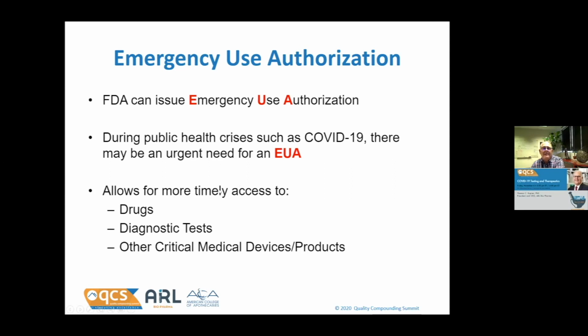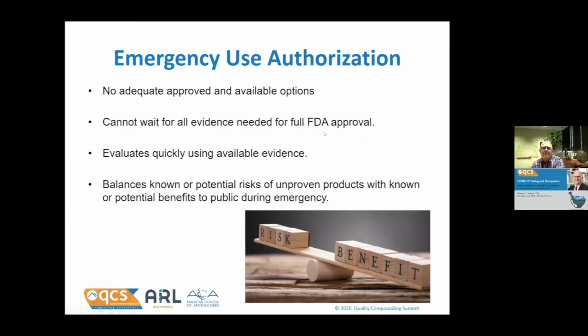This allows the FDA to have more timely access to drugs for the public, diagnostic tests, and other critical medical devices or products when there's no adequate approved or available options and they cannot wait for all the evidence needed for a full FDA approval. As we just saw in the phases, both from a vaccine and the clinical trials, it takes years.